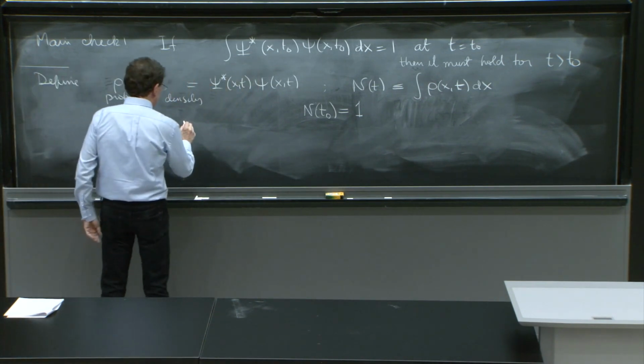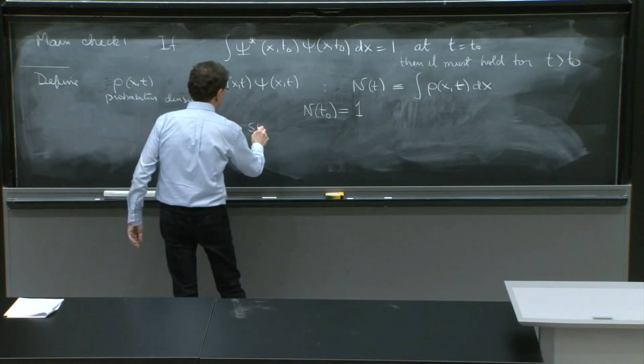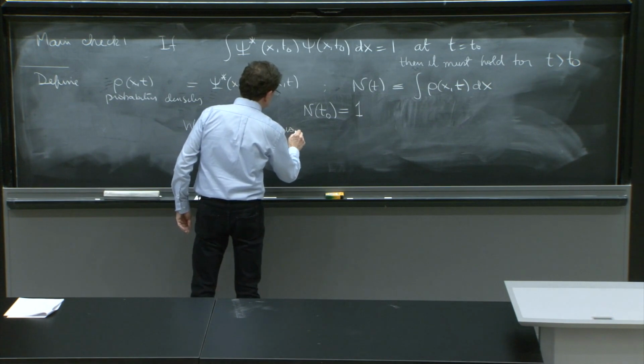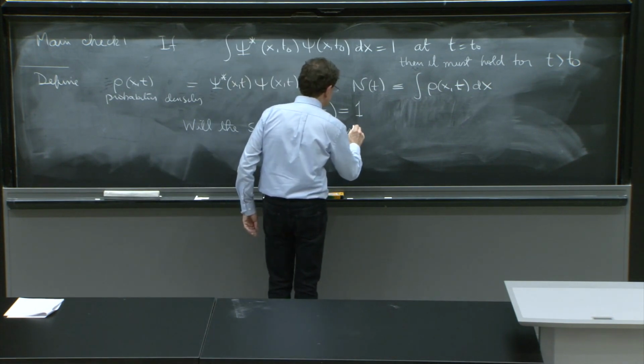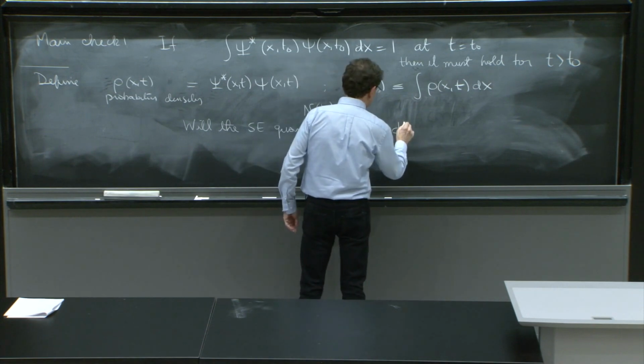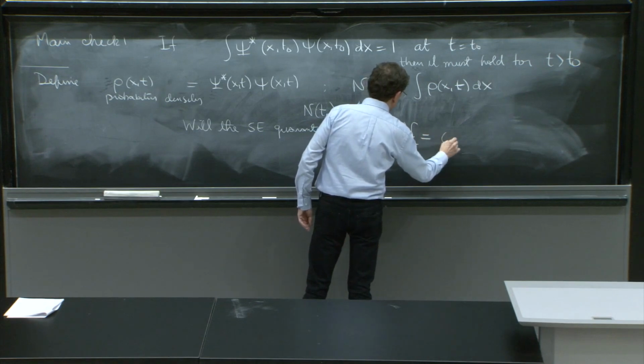The question is, will the Schrödinger equation guarantee that, and here's the claim, dN/dt is equal to 0?